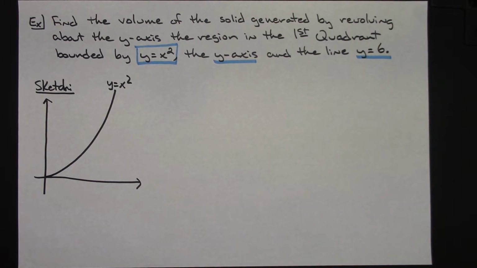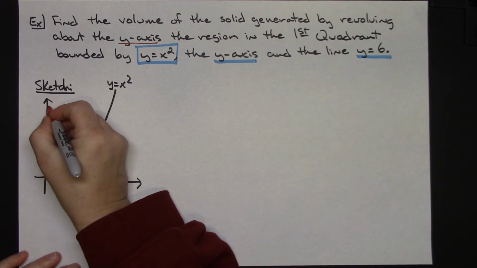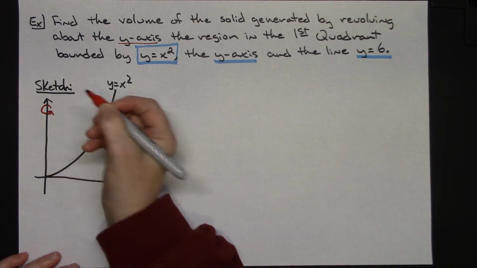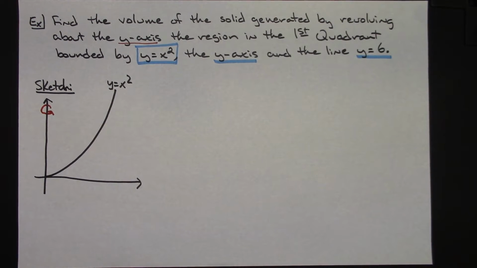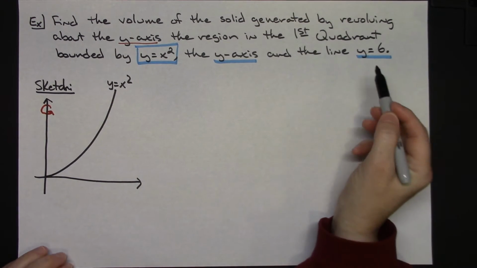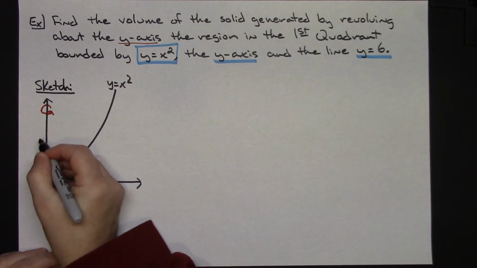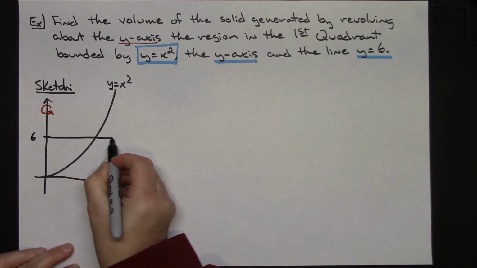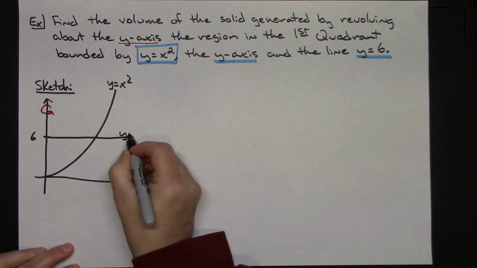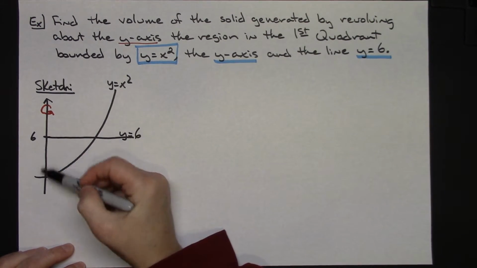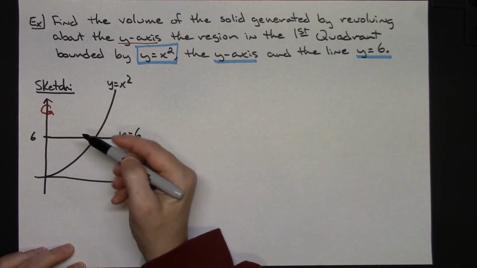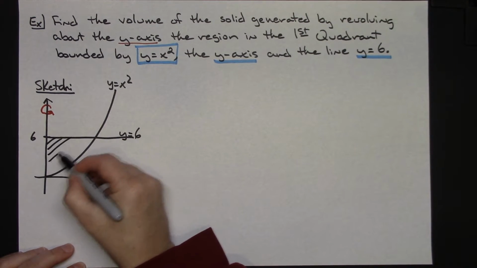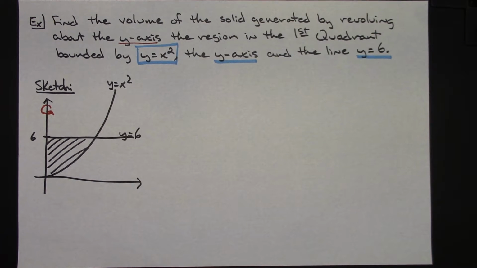I am revolving around the y-axis, so let's put that on there so we don't forget. And then let's add that line y equals 6 on there. So let's just say I come up there to 6. That's y equals 6. So I'm bounded by the y-axis, y equals 6, and this curve, which means I'm focused on this area right in here. Now let's put the representative rectangle on.